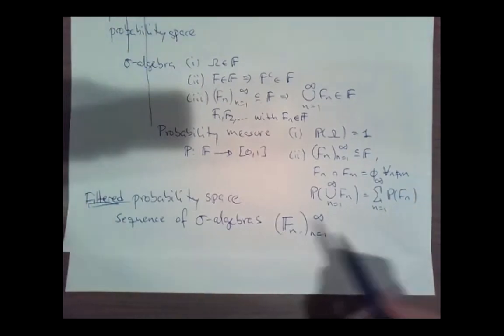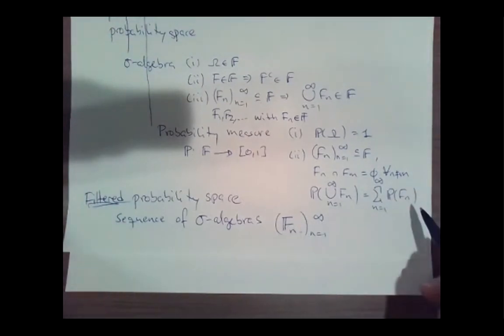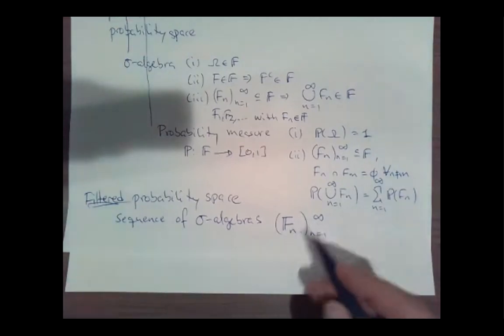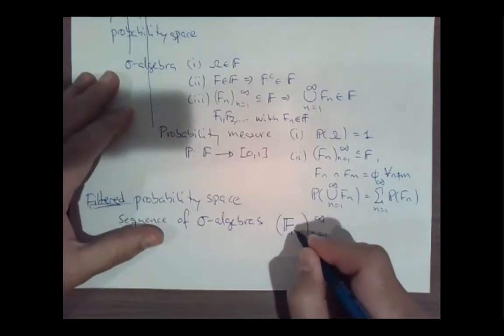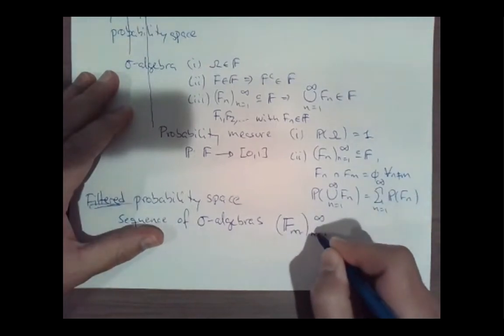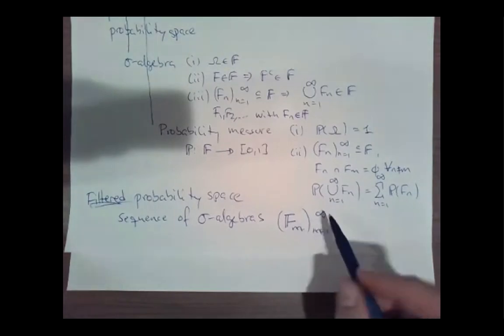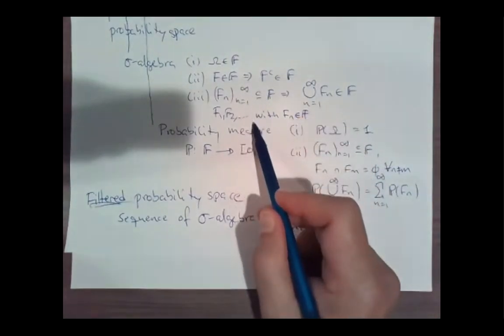It means that each element in the sequence is a sigma algebra. Maybe it's not good to call it Fn, maybe I should call it Fm here. So each Fm is a sigma algebra, and each Fm satisfies these properties.